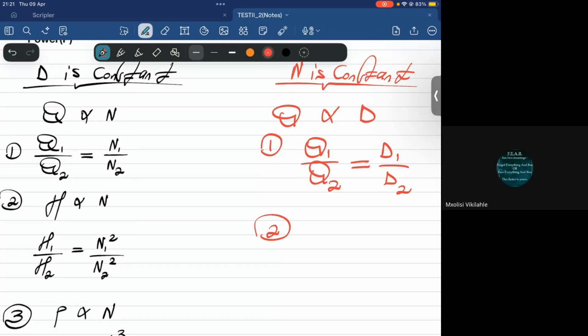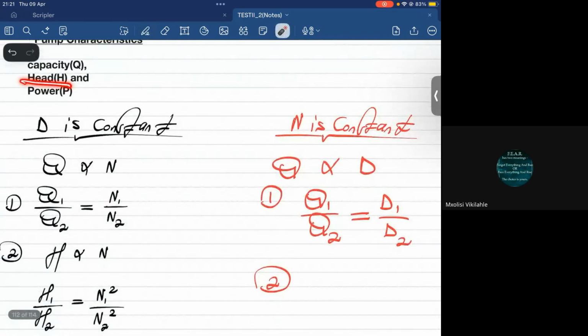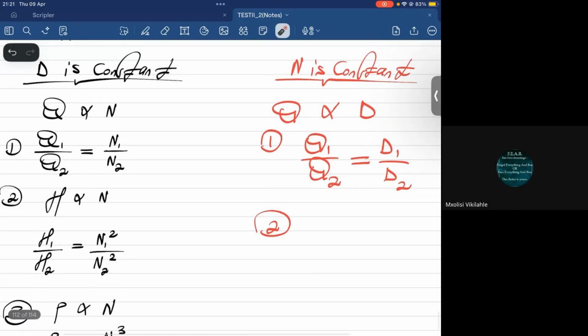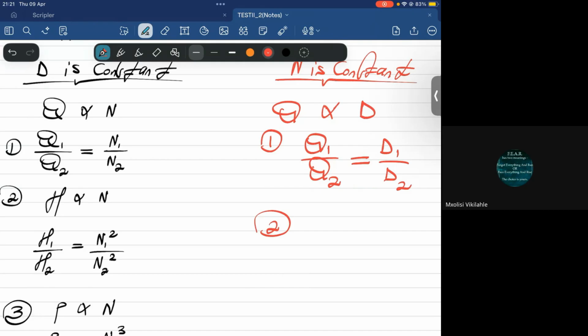In terms of the head versus the impeller diameter, we'll get this formula: the head available in pump 1 over the head available in pump 2 is equal to the impeller diameter of pump 1 squared per impeller diameter of pump 2 squared.